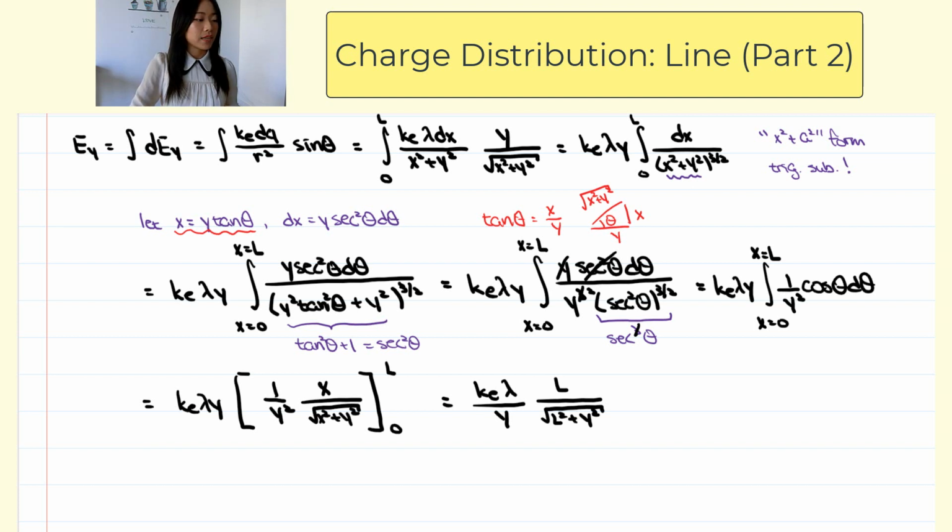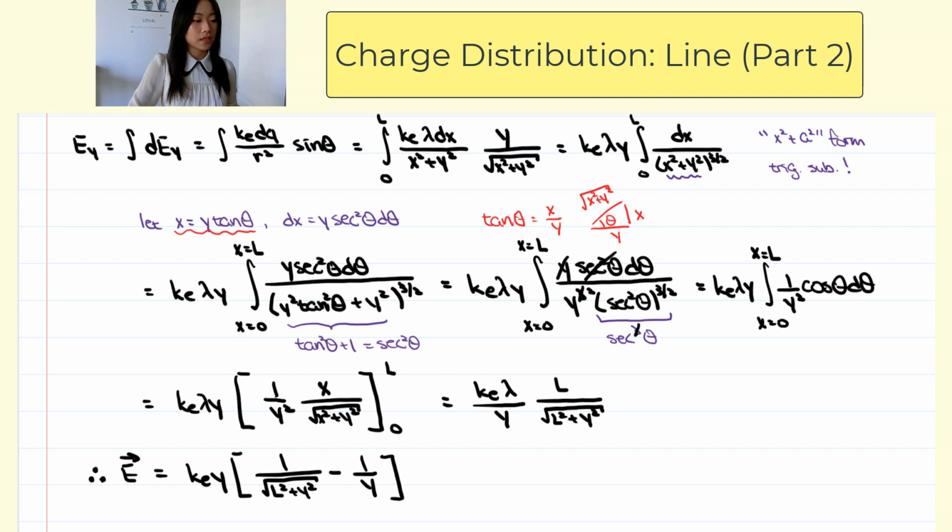Then if we combine everything, we get the net electric field from the rod. From the diagram, we know that the x component would be negative, and the y component would be positive. Since the rod is positive, the electric field would be pointing away from the rod, and that will give us a positive y component. So the net electric field equals Coulomb's constant times lambda divided by y times 1 over the square root of L squared plus y squared minus 1 over y.